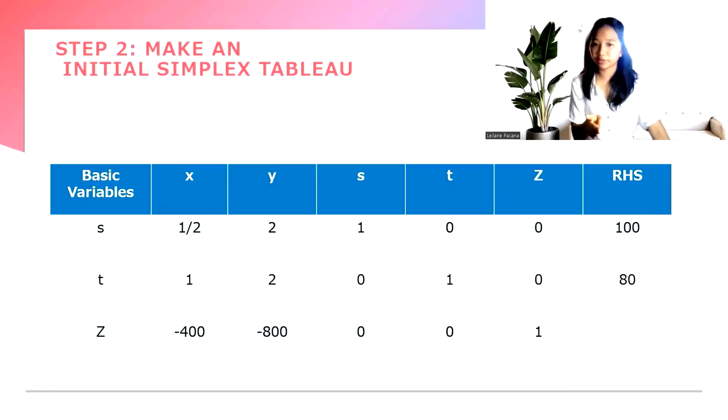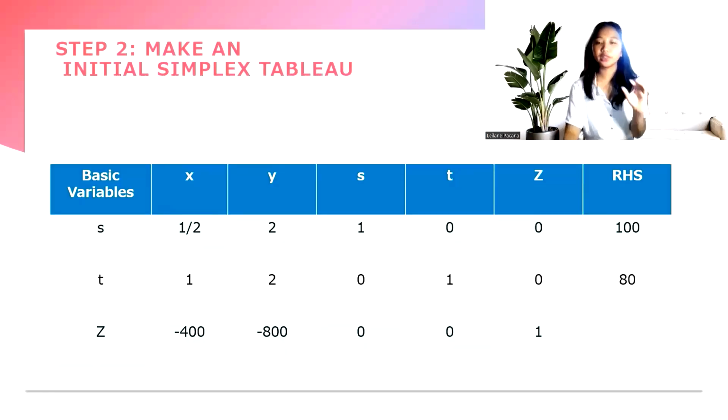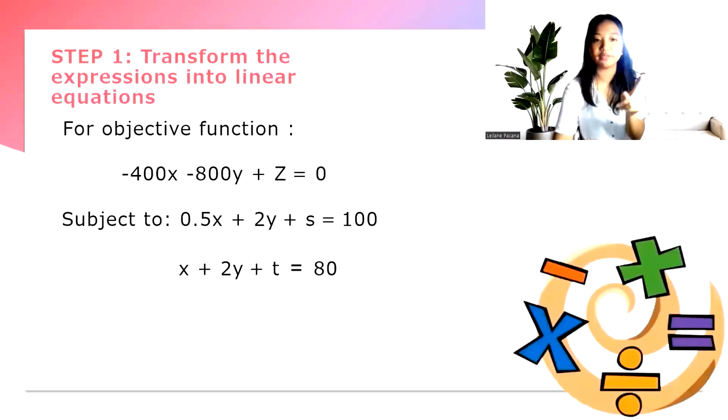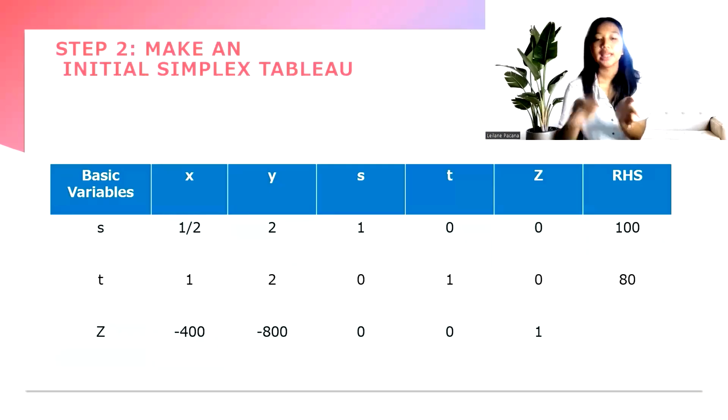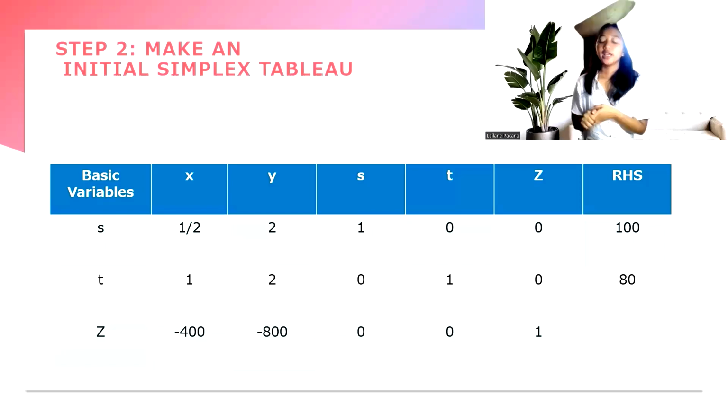We have 0 for our second slack variable, and 0 for our z, but we have 100 as our right-hand side, as you can observe. And then for our second constraint, we have 1x because, of course, we have 1 for every variable. And for our y, we have 2. Our s here is 0 because in our second constraint we have no s, but we have t, the second slack variable, which is 1. And then for our z, that's 0, and our right-hand side is 80.